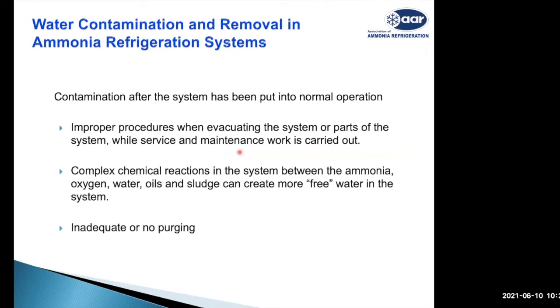So any improper evacuation or services done during maintenance work leads to water entering the system. Sometimes there may be some chemical reactions between ammonia, water, and oil, and they may generate water from this oil or other components.